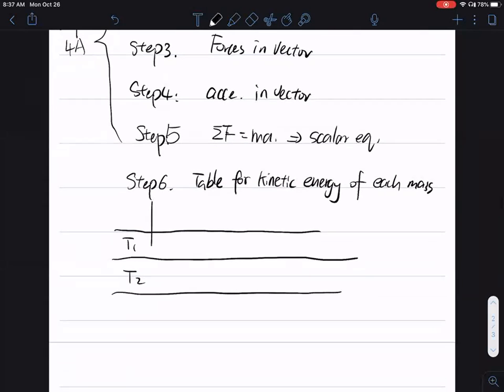The first row is going to be mass. You're going to list different masses, mass 1, mass 2, depending on how many masses you have in the system. And under each mass, you're going to calculate the kinetic energy.